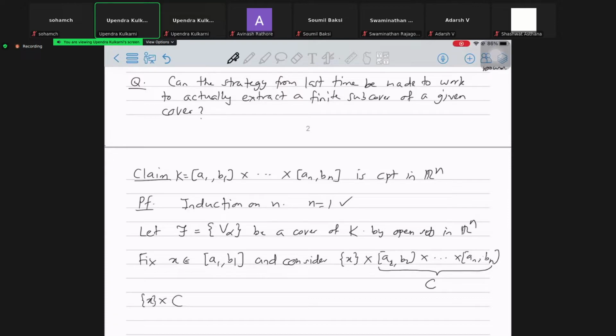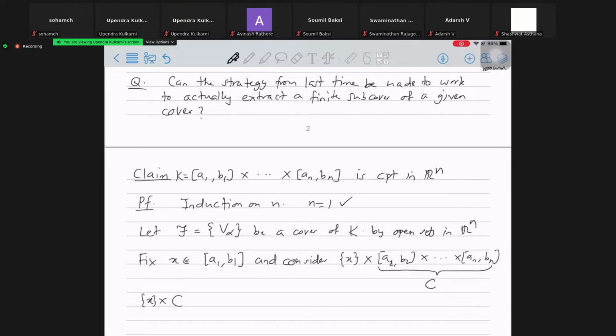You sort of want to say that this slice is one dimension down, correct? But is it really? Formally speaking, this X cross C is like a box. So X cross C is like C, correct? Somehow. And what do we want to say about the set C itself? C is a subset of R power n minus 1.